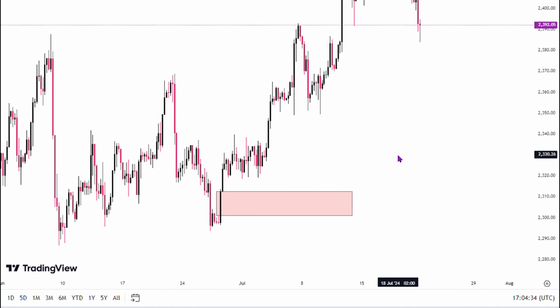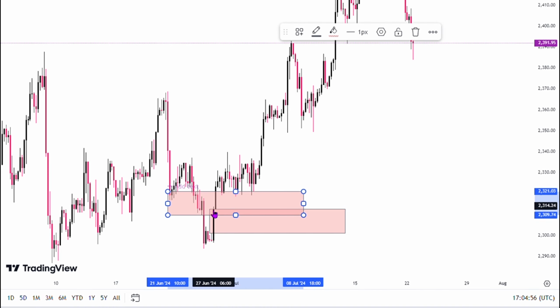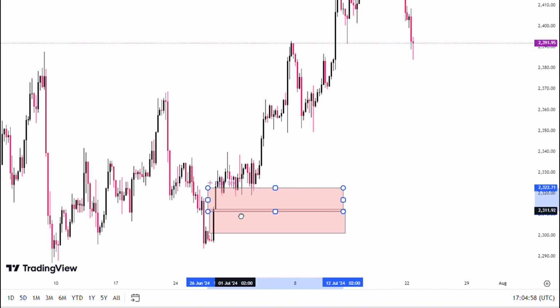All right, so let's try to identify more. So we can consider this very candle too as a first candle, and then of course this one here as a second candle, then the third candle. So you see within the space here, the third candle and the first candle, their wick are not overlapping, so we could have another fair value gap right away into this zone. So let me bring another shape to identify that area.